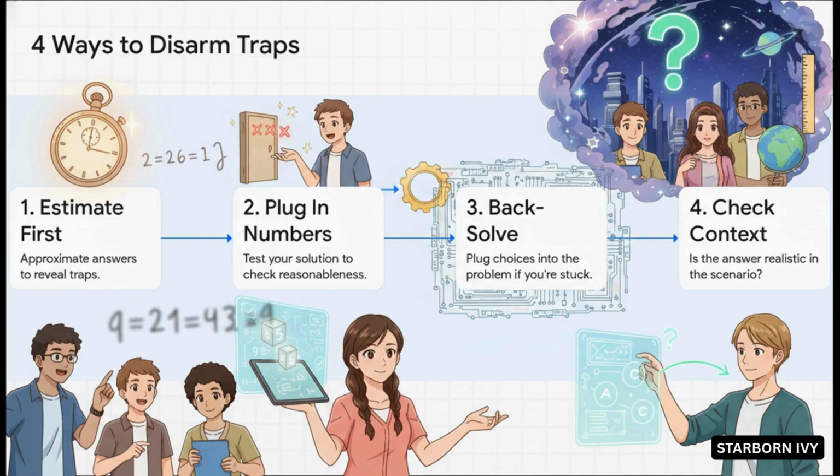Second, if you see a bunch of variables like x and y, plug in some simple numbers and make the problem real. Third, if you are totally stuck, work backwards. Plug the answer choices into the problem and see which one fits. And finally, always do a quick sanity check at the end. Does my answer make sense?